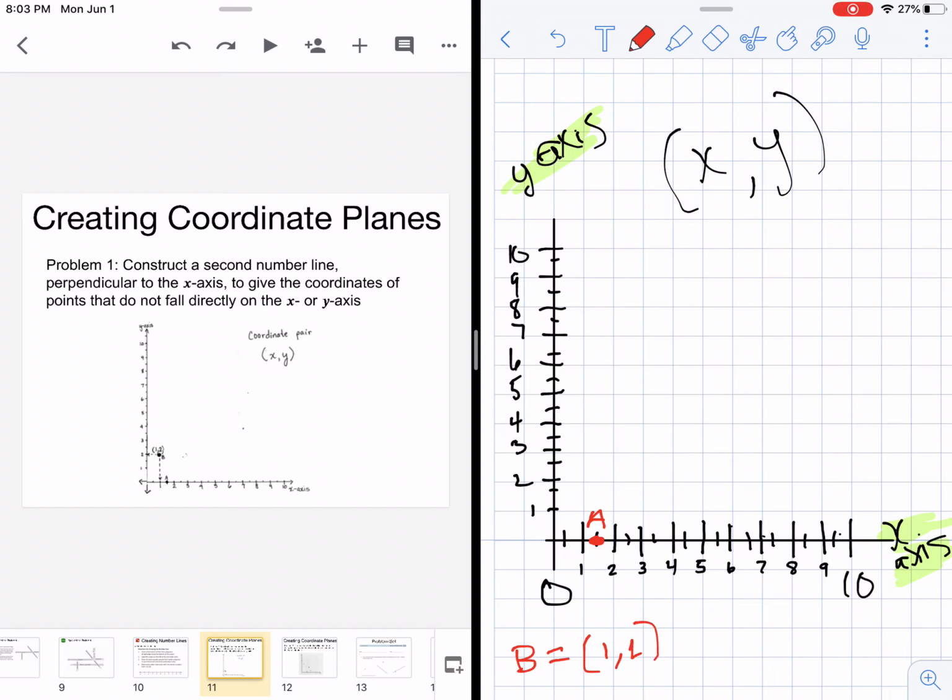So we've already done this. So I want you to plot the point 1, 2 on your graph. So point B is going to be here. Okay, we go over 1 and up 2.